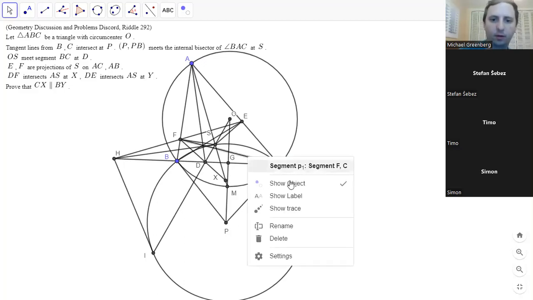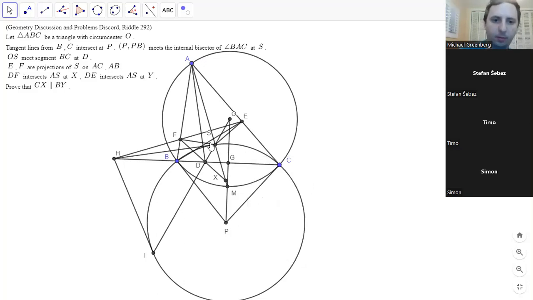That's interesting. So maybe Ceva's theorem could help with that.